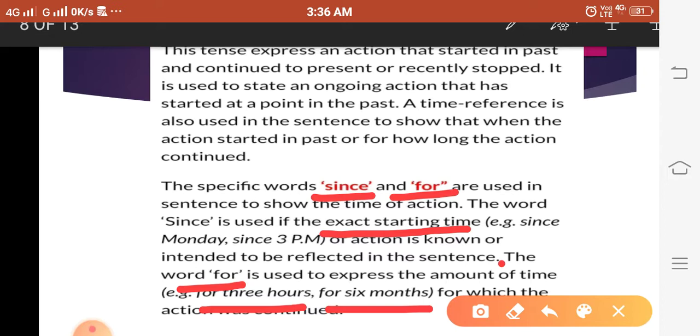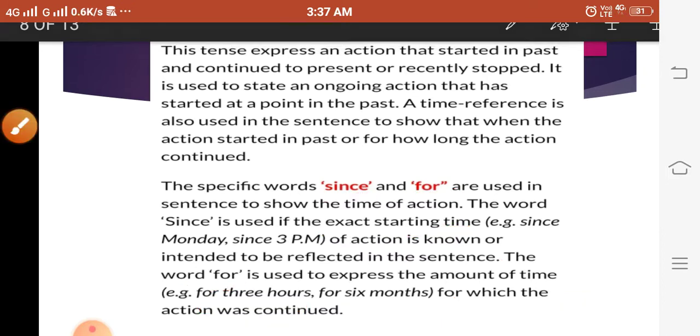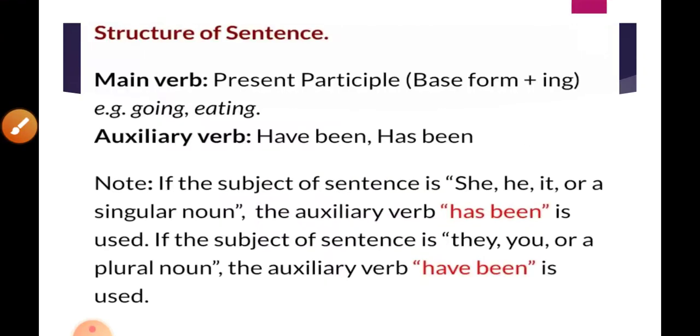That exact timing can be the name of an exact day, the exact date, for example 27 January 2021, or any year's name like 2011 or 2012. Clear?